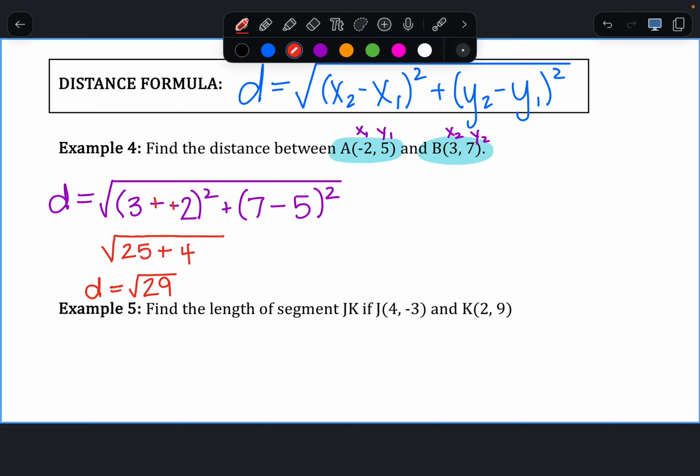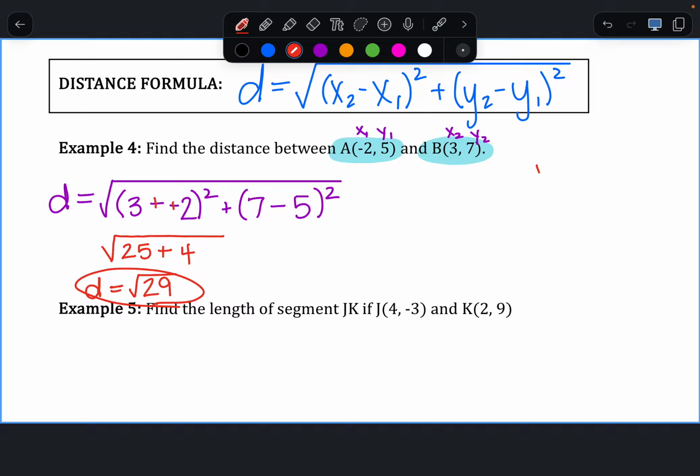And the square root of that is the answer. Leave it. We cannot simplify it back down. The square root of 49 is 7.